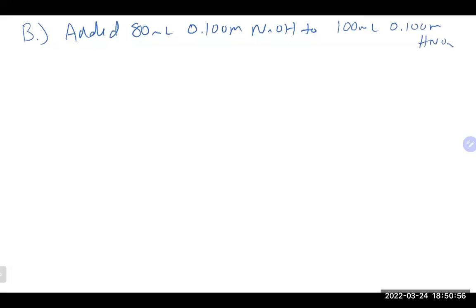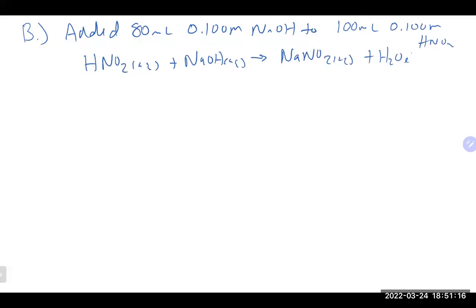So clearly here we are going to get a reaction since we're adding. So we will do our equation, which will be our nitrous acid plus our sodium hydroxide will give us a little sodium nitrite and a little H2O happening there.